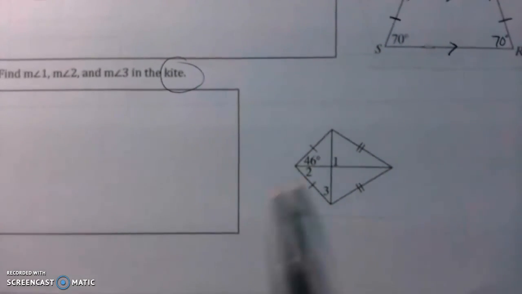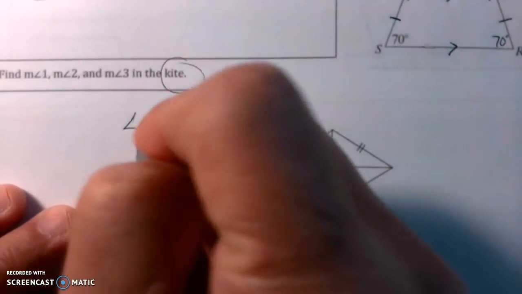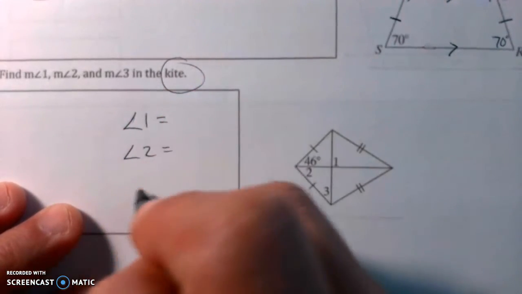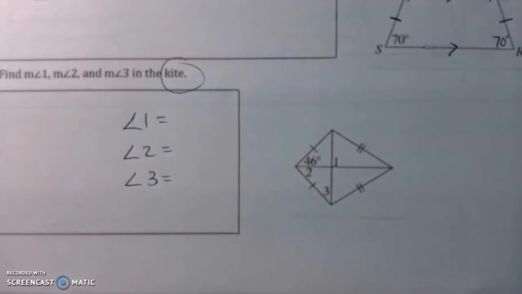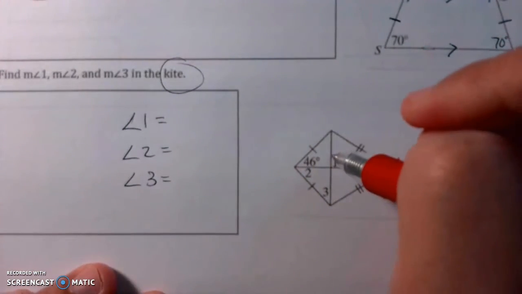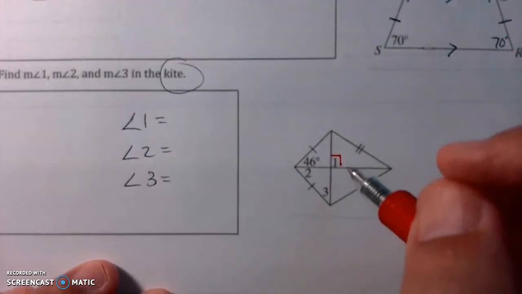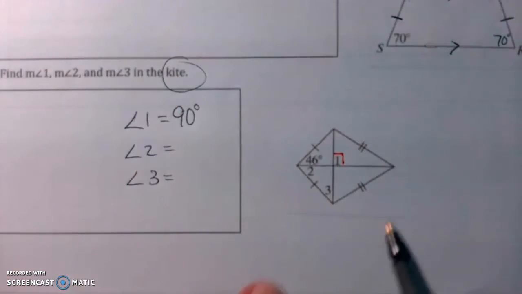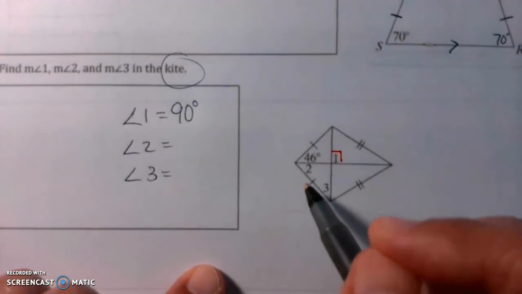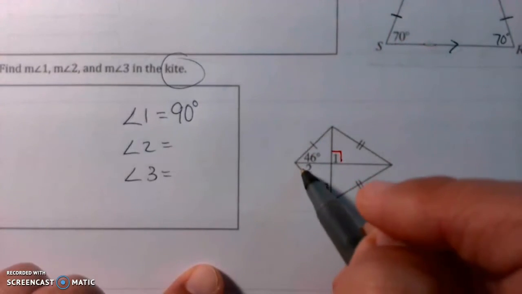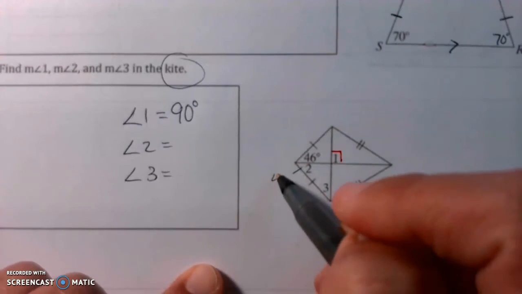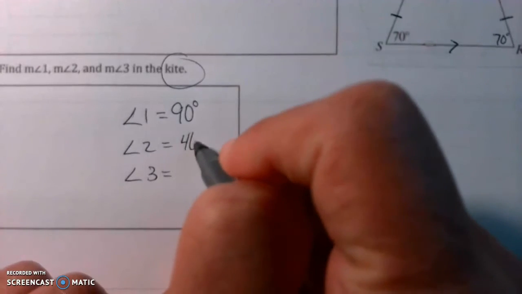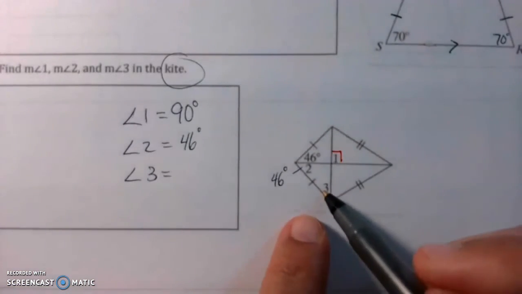Okay, let's look at the kite here. We're going to figure out the measurement of angle 1, angle 2, and angle 3. Angle 1, because it's the diagonal, it means right where the diagonals intersect. In a kite, it's 90 degrees. It's perpendicular, so that's 90 degrees. Angle 2 here, this diagonal splits this in half, so this is actually 46. And now this is not 46.